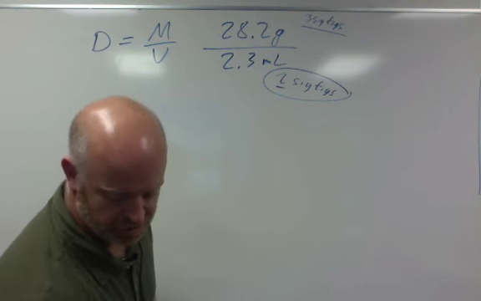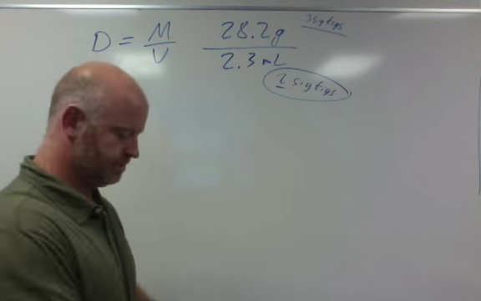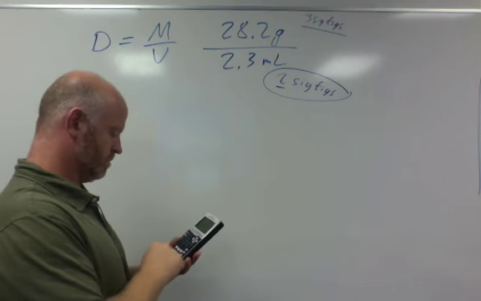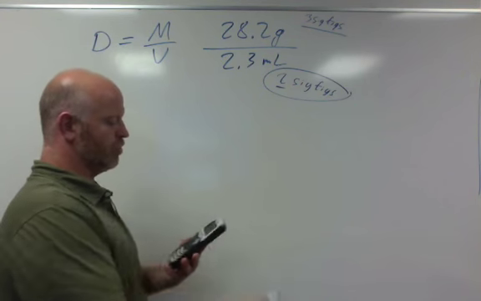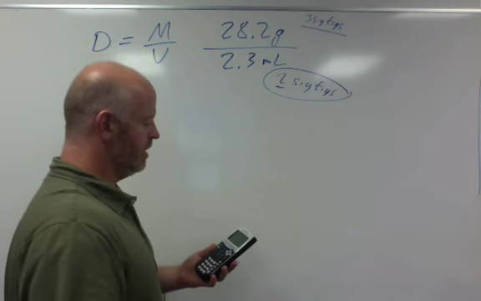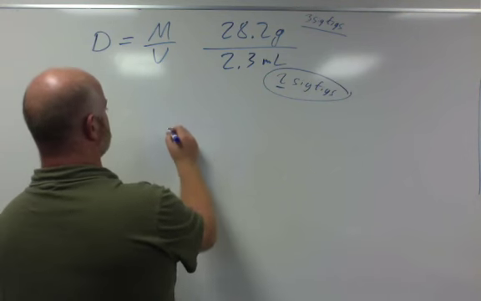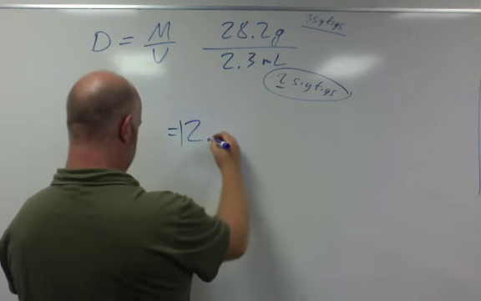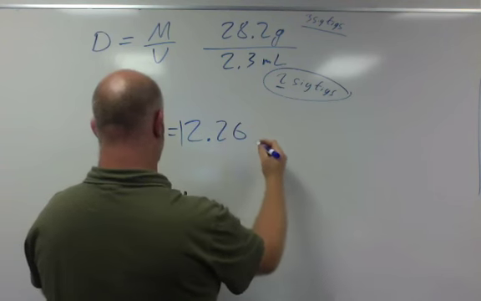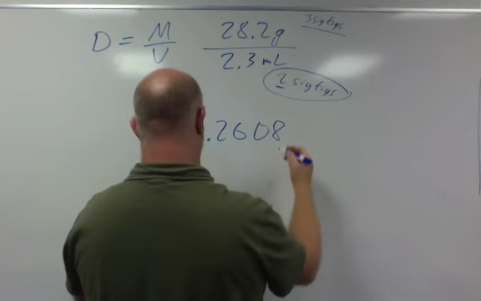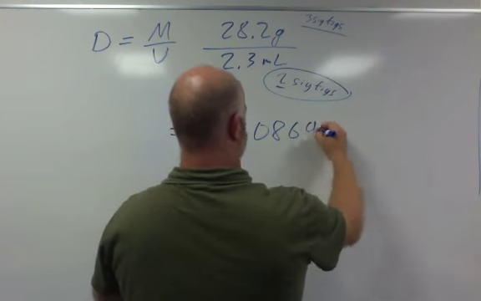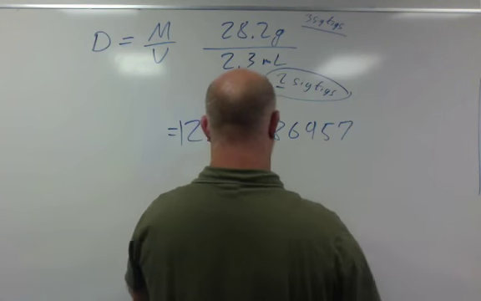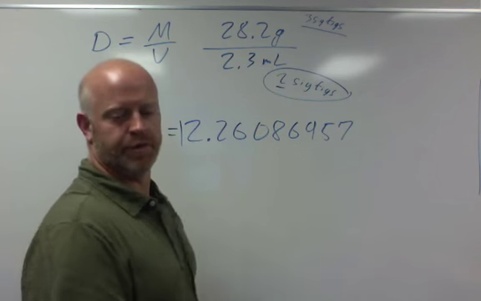If we go through and solve this now, 28.2 divided by 2.3 gives me this calculator answer of 12.260869557, and it doesn't even label it for me.